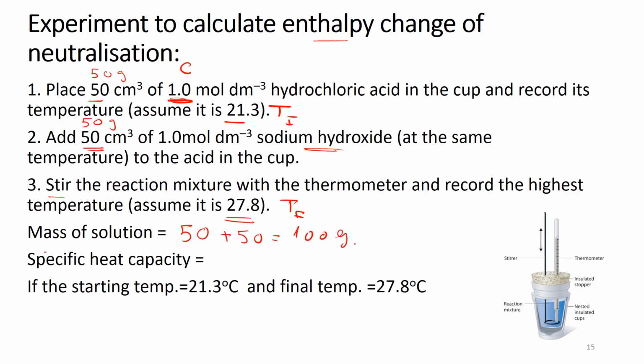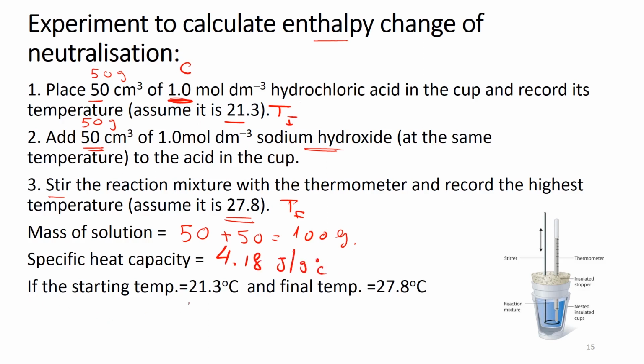Now for the specific heat capacity, I will use in that reaction the specific heat capacity of water. The hydrochloric acid and the sodium hydroxide, we will assume that they have the same specific heat capacity as water. This means it would be equal to 4.18 joule per gram per degree centigrade.